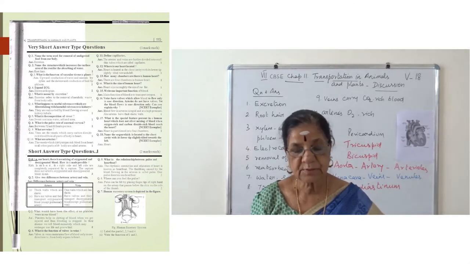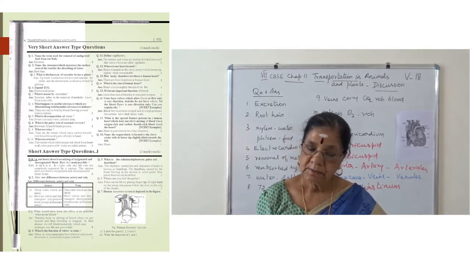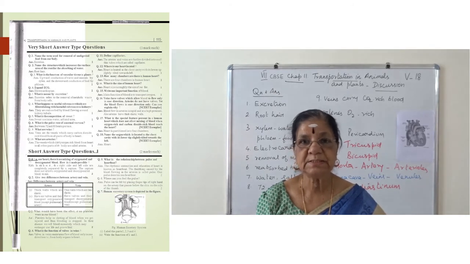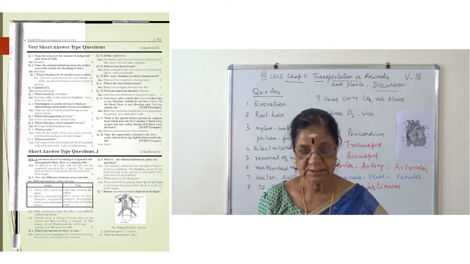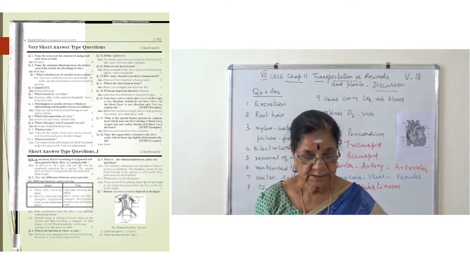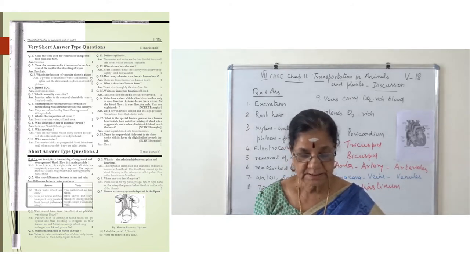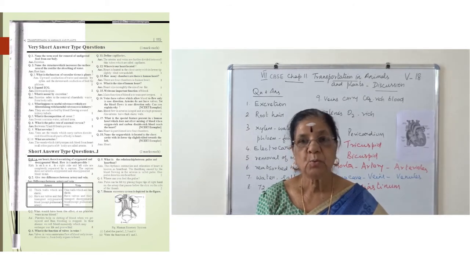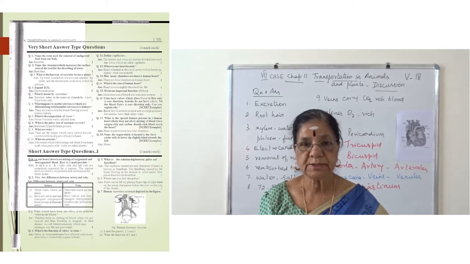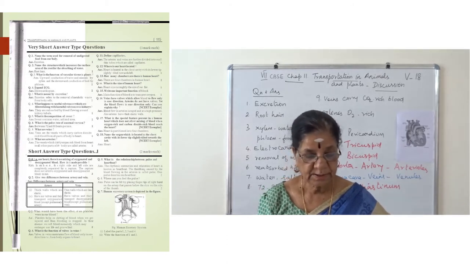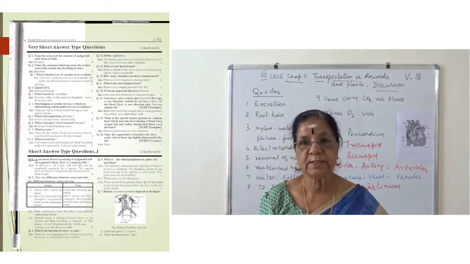Then what is the important function of the blood? The main function of the blood is to transport oxygen. Now veins have valves which allow blood to flow only in one direction. Arteries do not have valves, yet blood flows in one direction only.